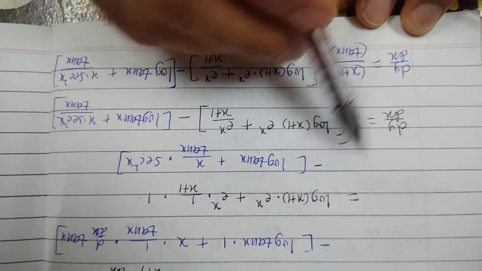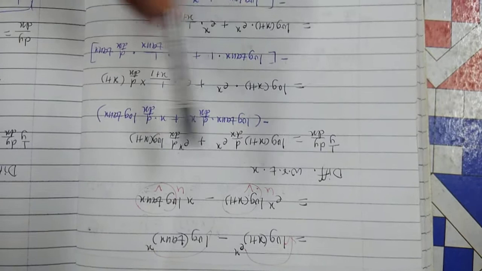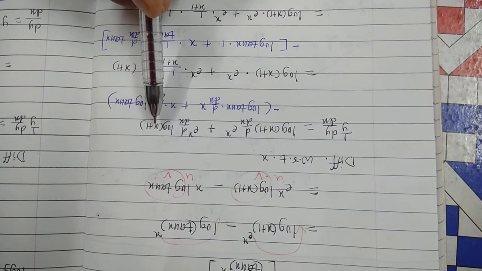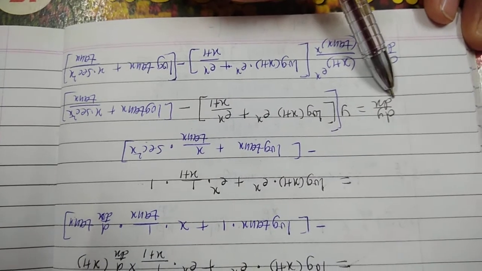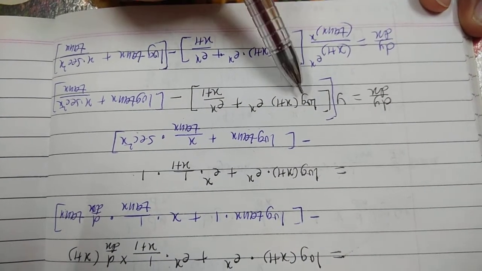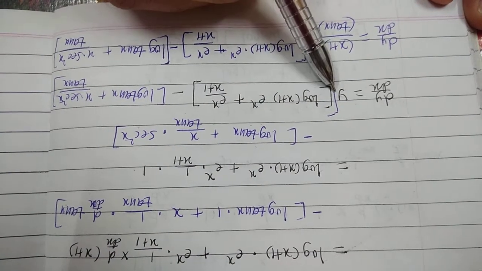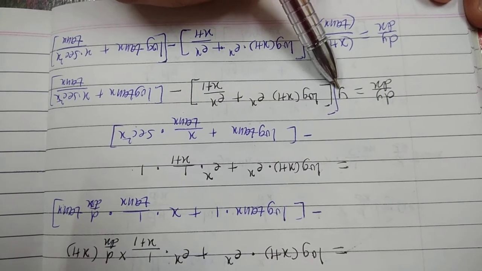Now this 1 upon y, we have to take to the right hand side like the previous two problems. So we will write dy by dx only on the left side, and on the right side we will write y multiplied by this whole thing we have written here. And y, you know now that y is the question only.